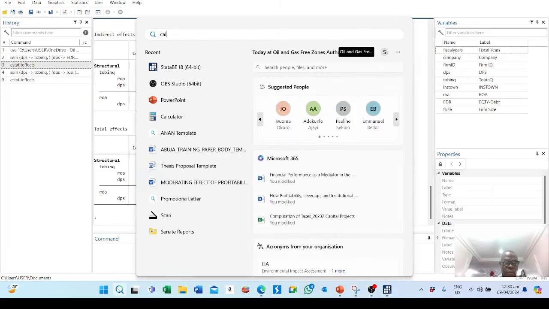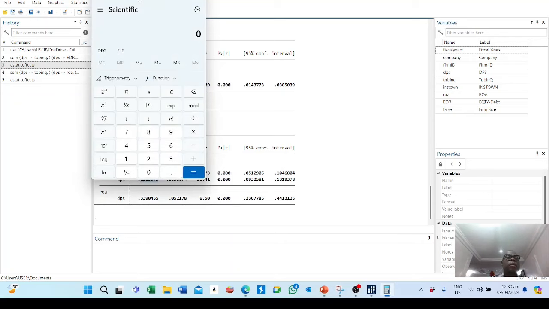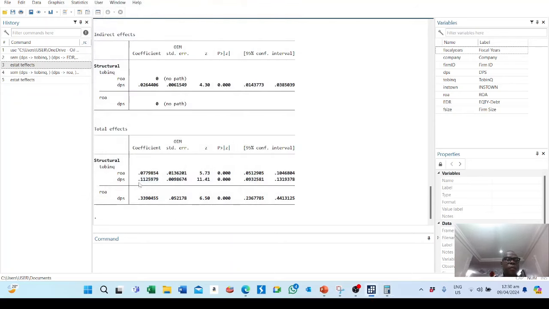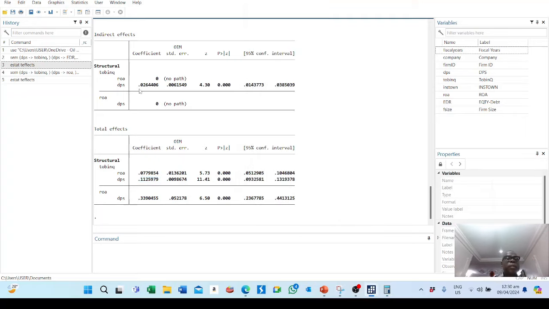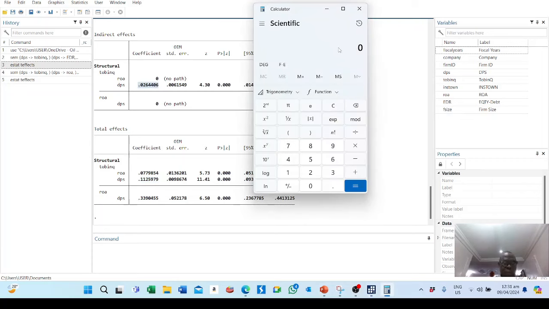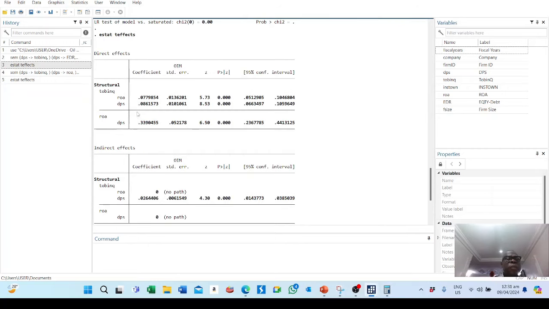Calculator. No, that's the direct effect. Let me pick the indirect effect, paste, plus the direct effect of DPS on Tobin's Q. That's the direct effect.